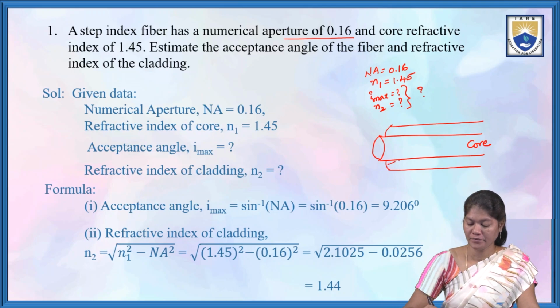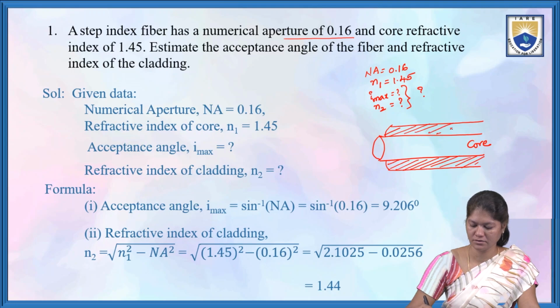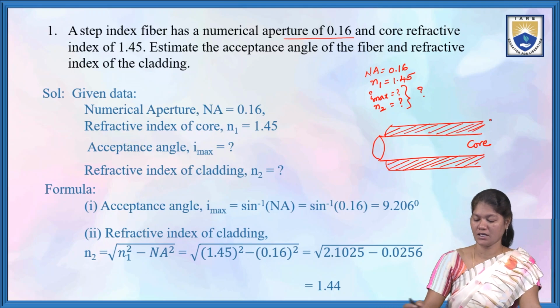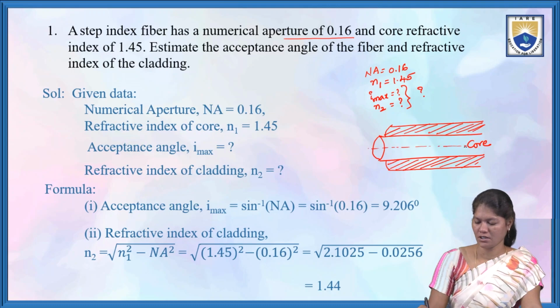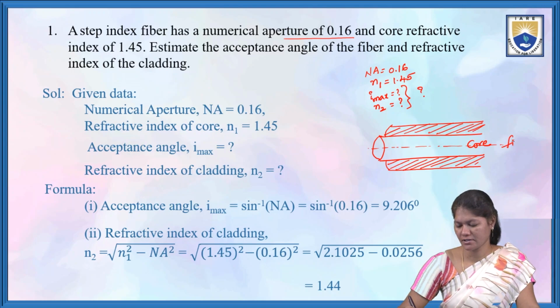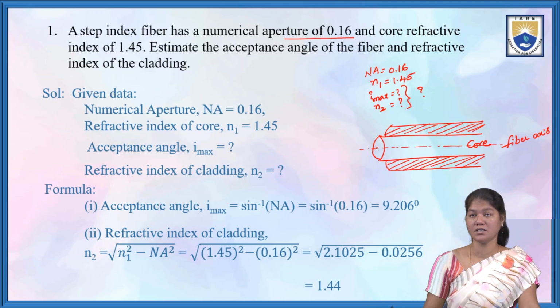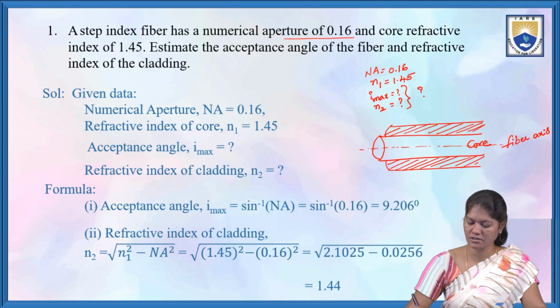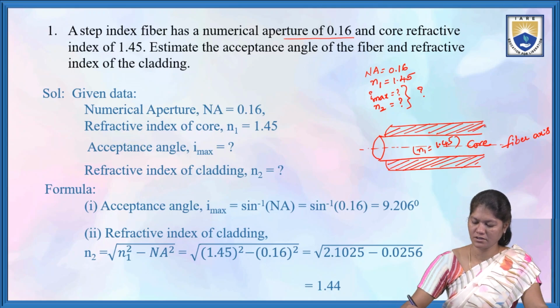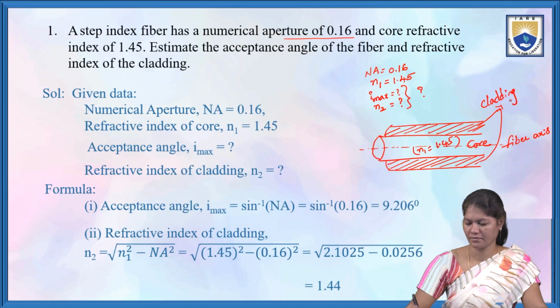This is the fiber axis. So the core refractive index is N1, so N1 is equal to 1.45, and the cladding refractive index we have to find.